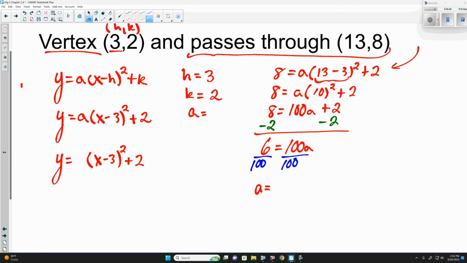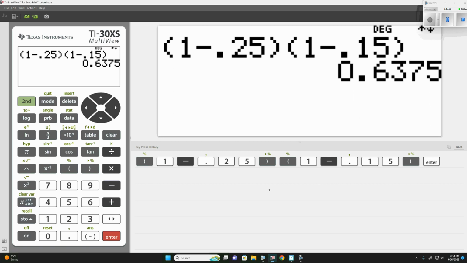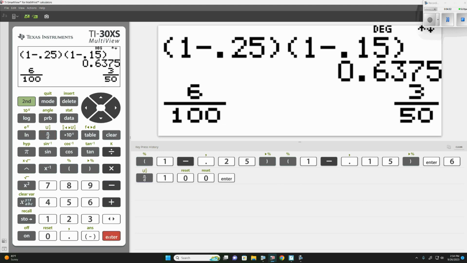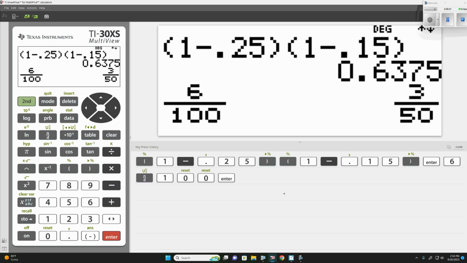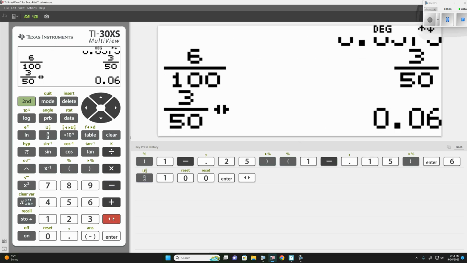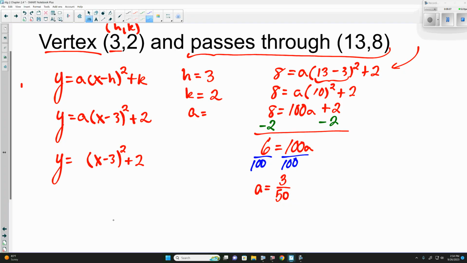Telling us a is 6 over 100. We could plug this into the calculator, as long as it is the correct decimal.